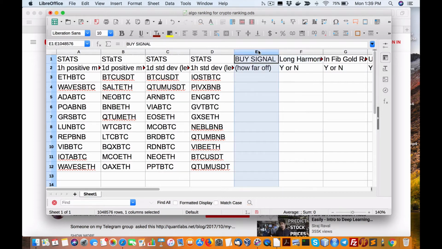And those are historical moves that can be used to estimate historically on this pattern, we expect this to happen. But when you combine it with those moving averages and the buy signal, what I do now is I want to know if I'm getting a buy signal here, how far off is that from the completion of the long harmonic pattern?